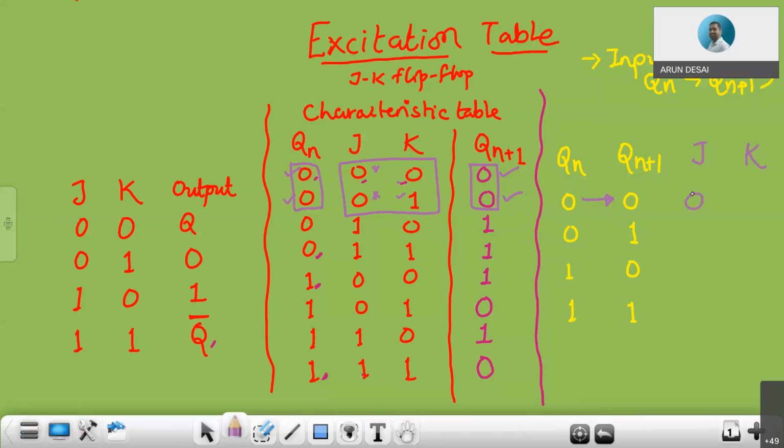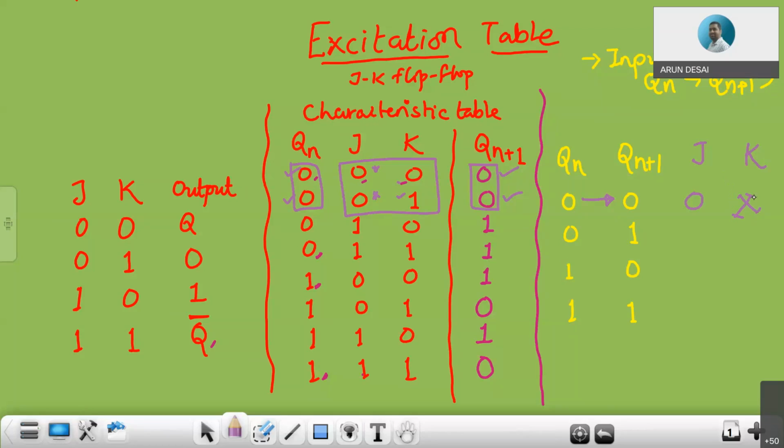If J is 0, then your current output is converted from 0 to 0 as well. That means reset state, right? And K would be either 0 or 1. That means we don't care about the K input, right? So this is my first row in the excitation table.